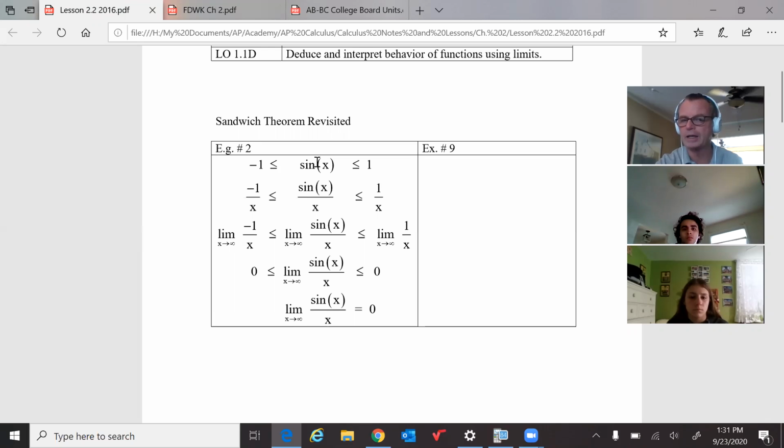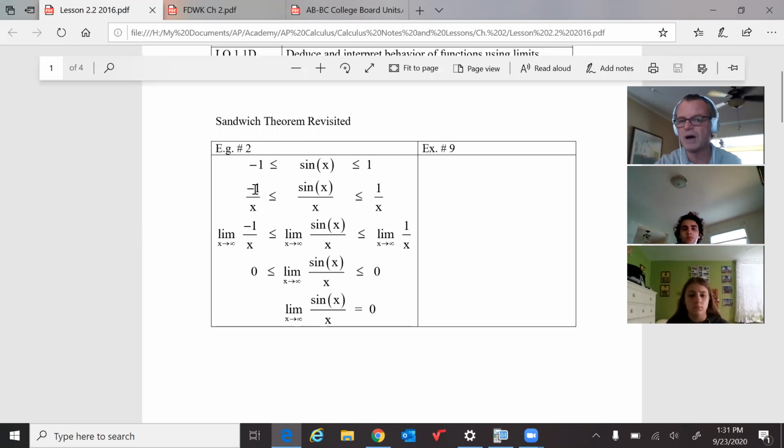I know the sine oscillates between -1 and 1, the sine wave. Yes, we understand that. And the question is sine x divided by x. So if I take the first line and just divide everything by an x, I'll end up with the question in the middle, negative 1 over x on the left, and positive 1 over x on the right.